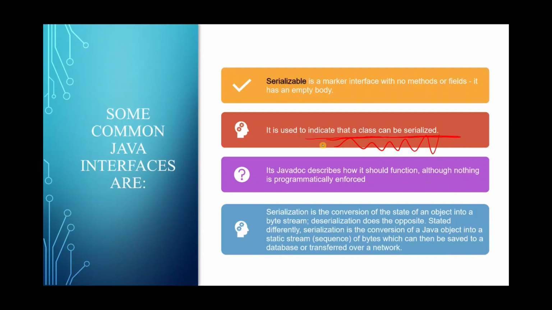Serialization is the conversion of the state of an object into a byte stream. Deserialization is the opposite of that. To say it differently, serialization is the conversion of a Java object into a static stream of bytes, a sequence of bytes, which can then be saved to a database or transferred over a network, and so on.